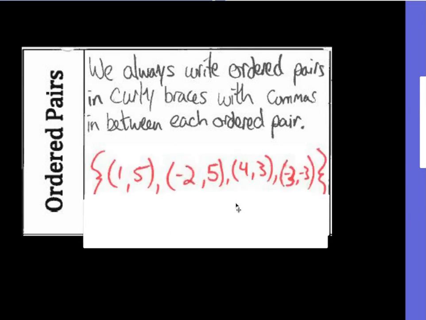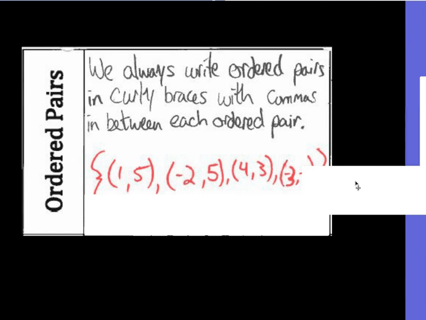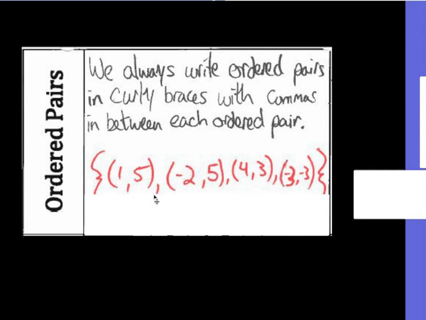Each pair is in parentheses, with the x value and the y value, and that is just one point, and then you move on to the other points. In total, this is 4 points: (1, 5), (-2, 5), (4, 3), and the last point is (-3, -3).